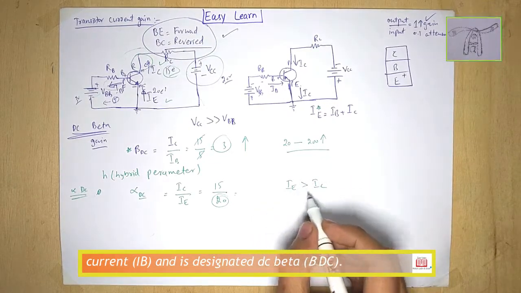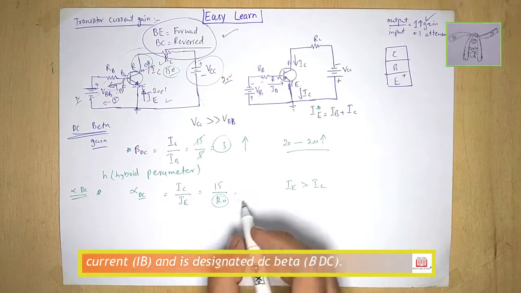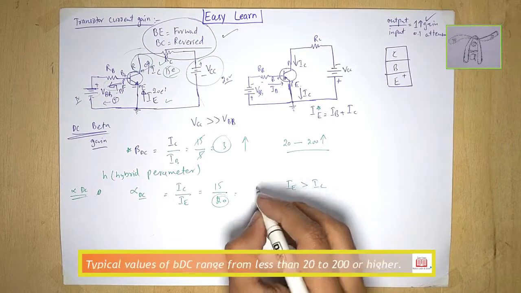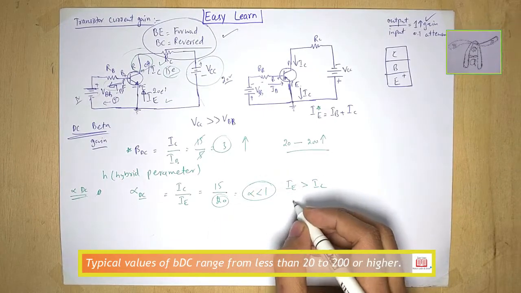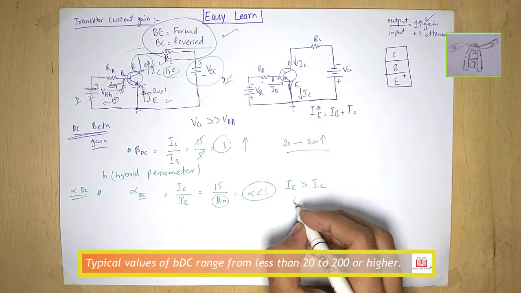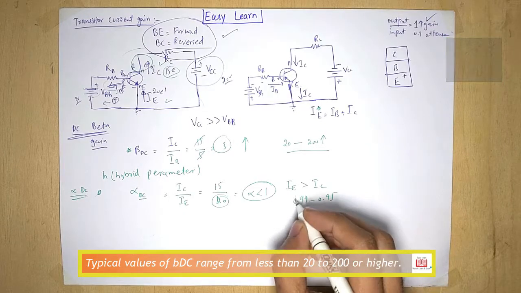If IE is always greater than IC, it means the denominator is always greater than the numerator, so the answer should always be less than 1. Typical values of the alpha DC range from 0.95 to 0.99, much closer to 1 but less than 1.